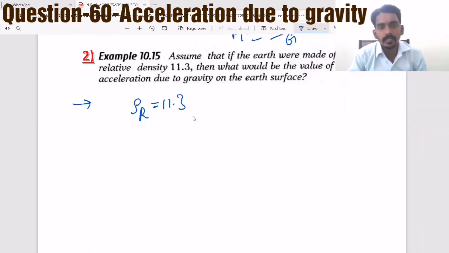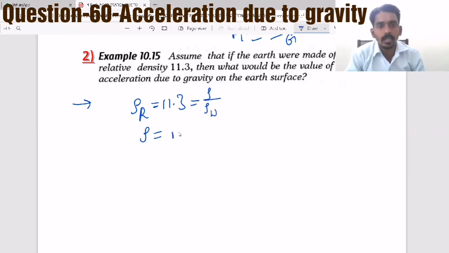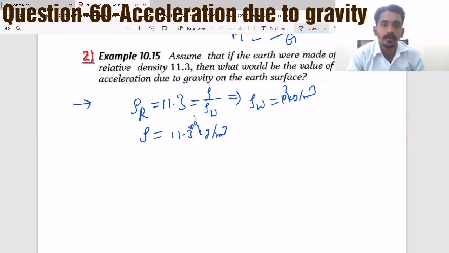The very first thing is to find the density. How can you find the density from relative density? Relative density means density by density of water. So it will become 11.3, because the density of water is not 1 but 10 power 3 kg per meter cube, so 10 power 3 will come in. This is the density of the earth now.